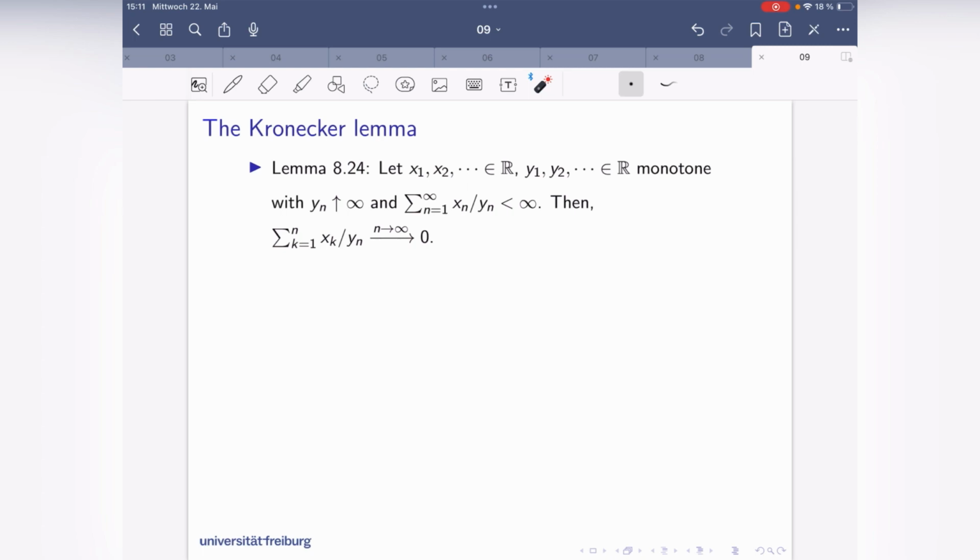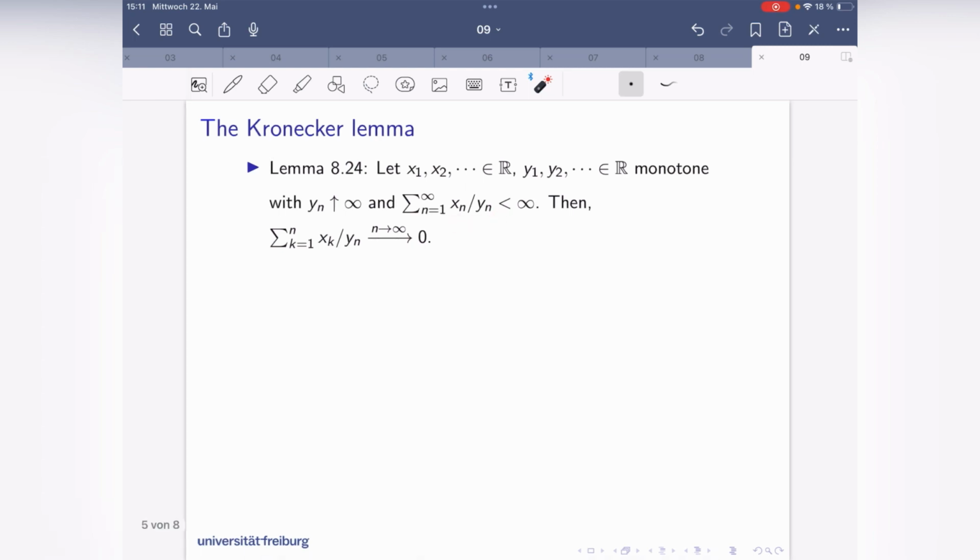So the yn go to infinity quickly enough. And then this sequence here converges to 0. So for this to hold, the yn have to be large enough. And that means not only is this finite, but the sum of the first n of the xk divided by yn goes to 0.